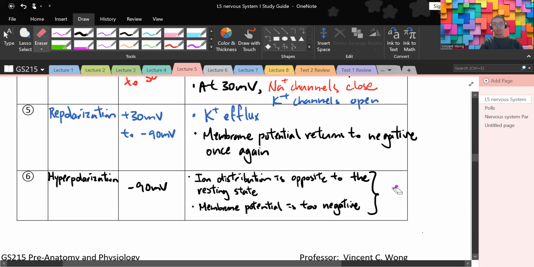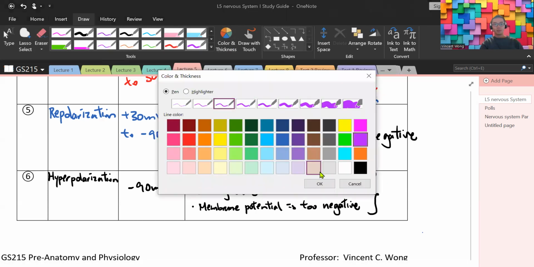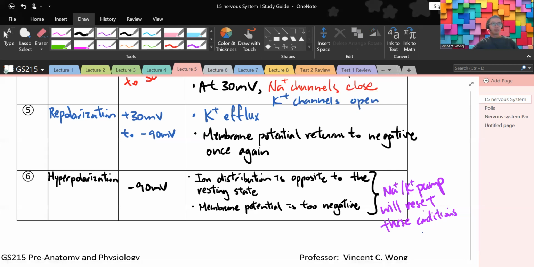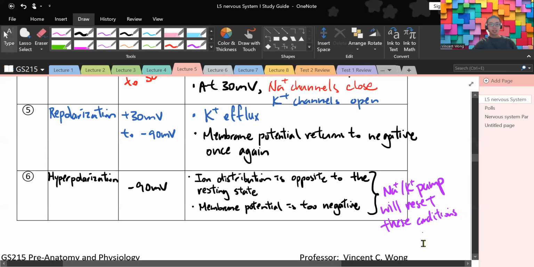Yeah, no problem. Sodium potassium pump will reset these conditions. Are we together? No, it's a lot of information, but hopefully it makes sense to you.